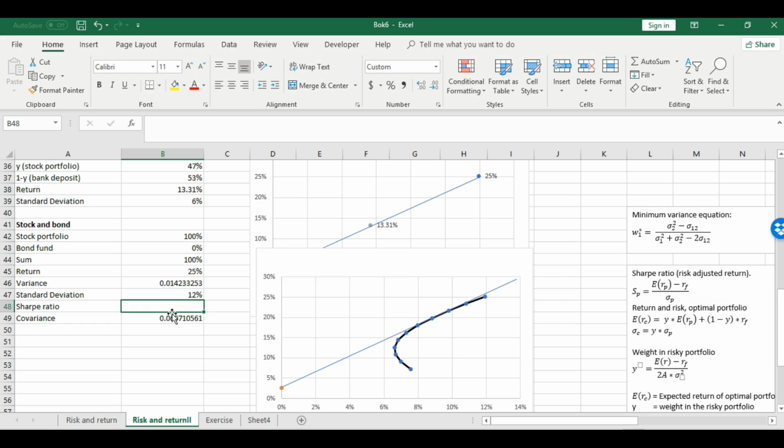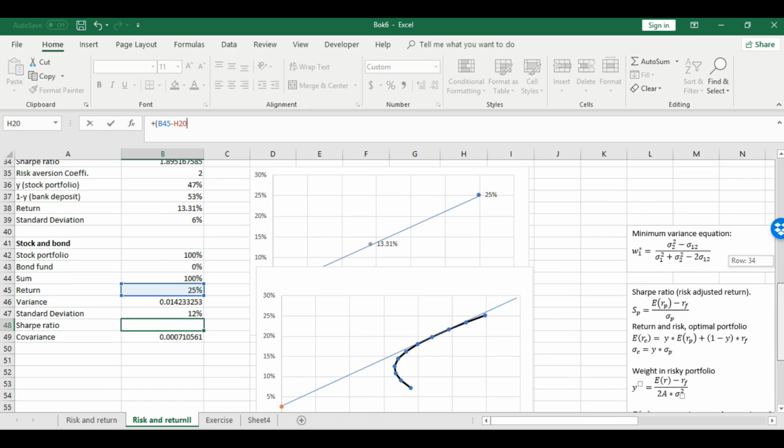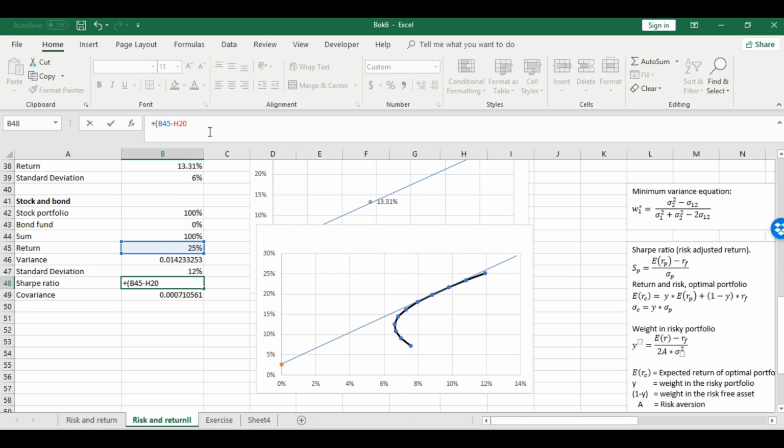For the Sharpe ratio, we will just use this formula here. Return from the portfolio, this one, minus the risk-free rate, 2.6%, divided by standard deviation of the portfolio, so it's this one. Change it to general there.